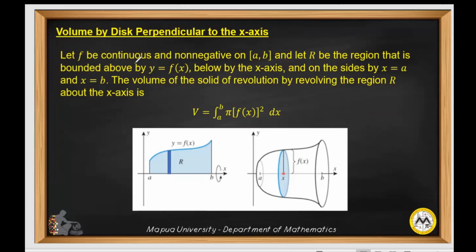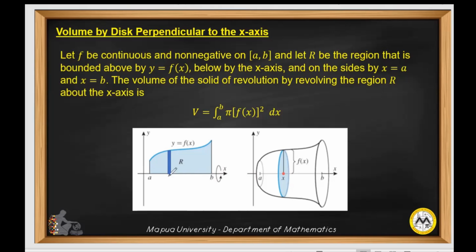In finding the volume of solid of revolution using the disk method, there are two things that we must consider. First, the plane region must touch the axis of rotation. If we consider the x-axis as the axis of rotation, we consider the region R touching the x-axis.